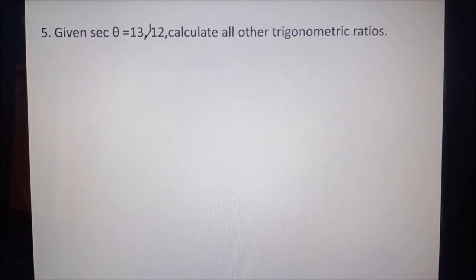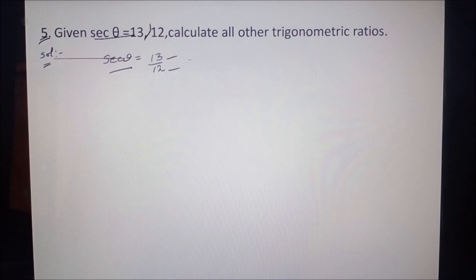Now our next question is fifth question. Let us solve it. We are given secant theta is equal to 13 by 12. Secant theta is equal to 13 by 12.